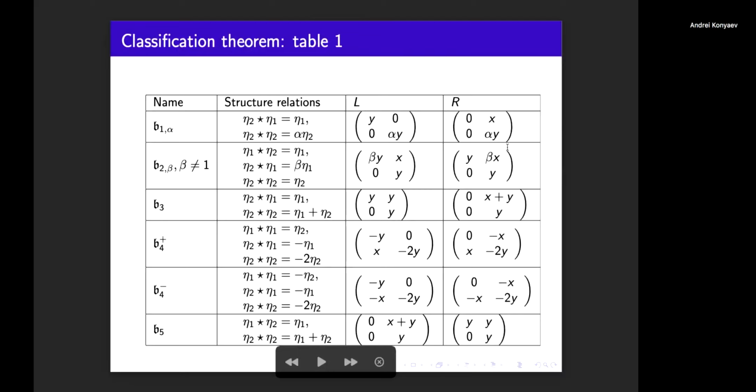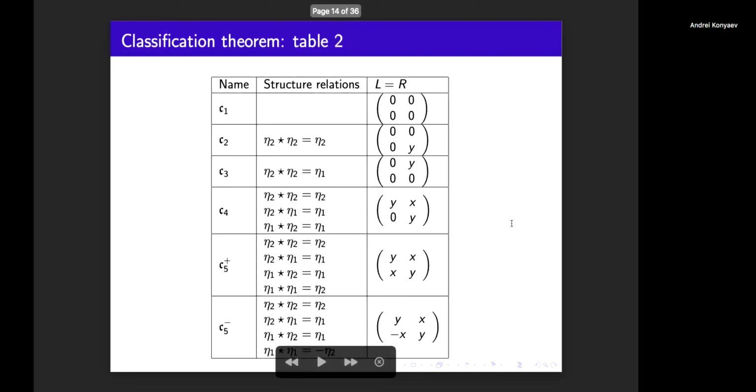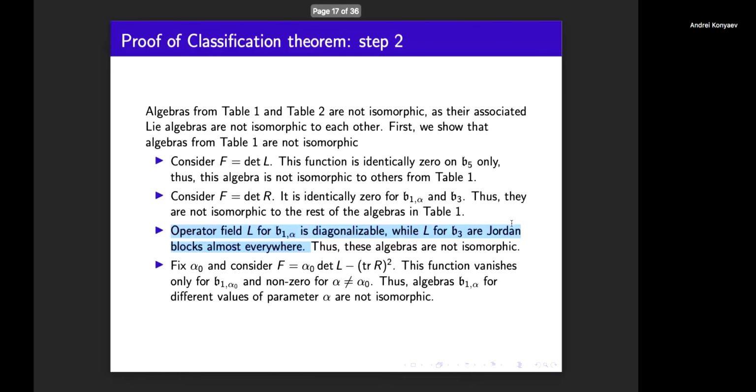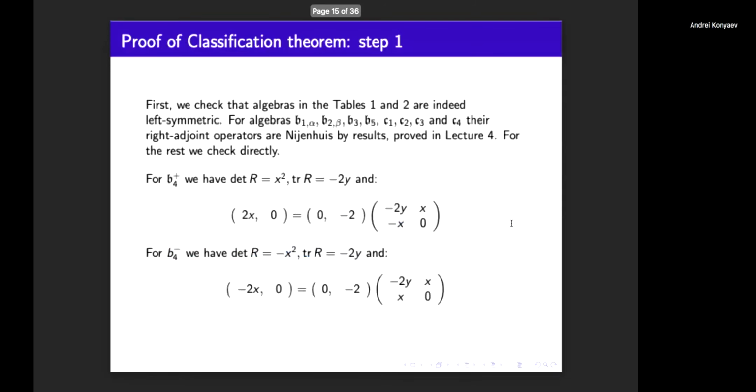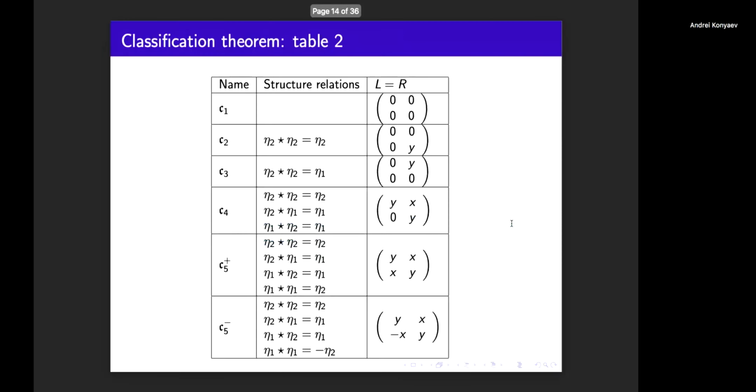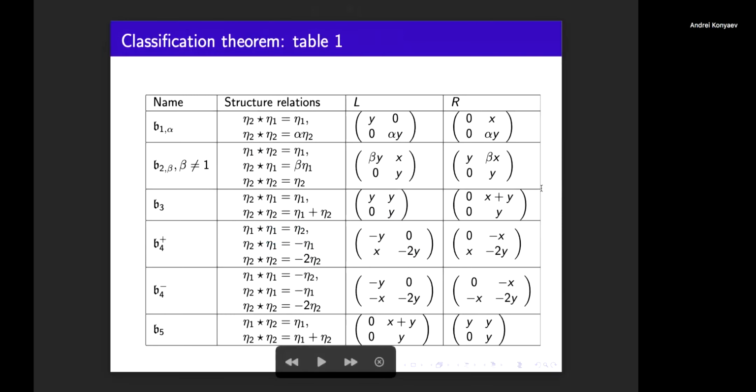And for this operator, it cannot be brought to the diagonal. I'm sorry, no, I'm looking at R. I'm supposed to be looking at L. So if we look at this operator, it is diagonal, right?